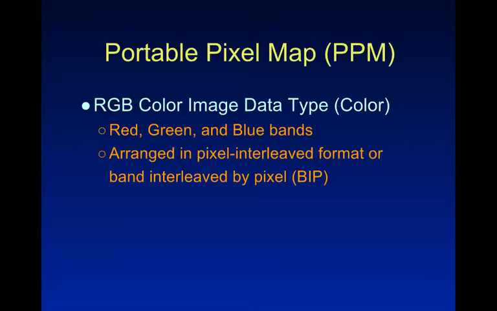So that's why you have those three types of formats with regard to multiband data. And it's important to know how your data was generated, because you can get really wacky artifacts if you try to display something when it's actually in a different type of interleaving format.